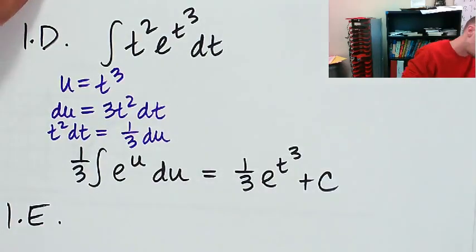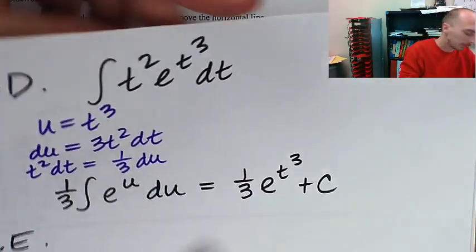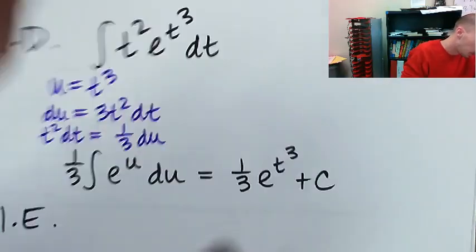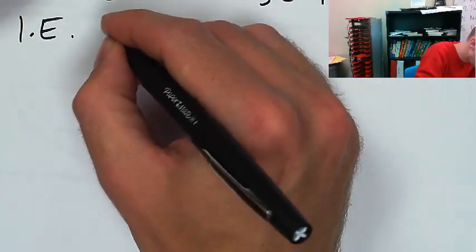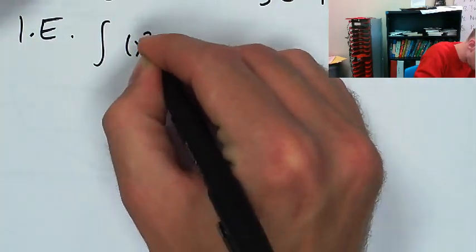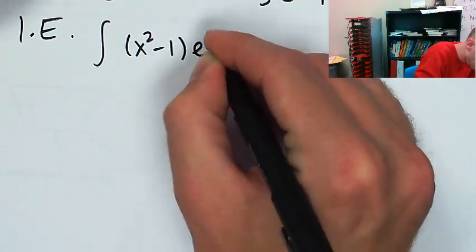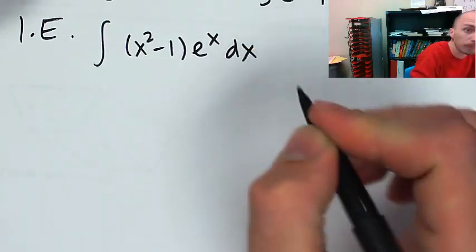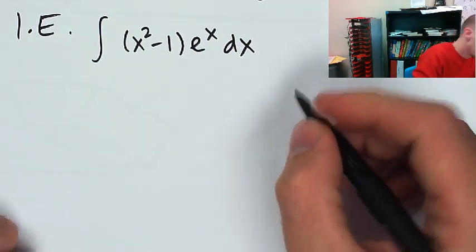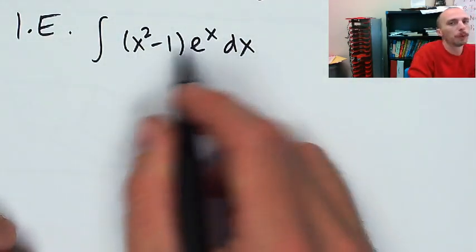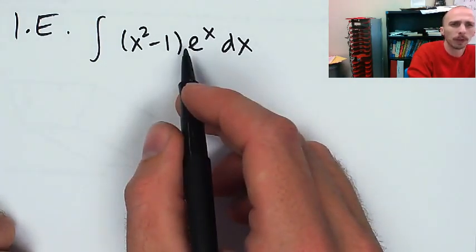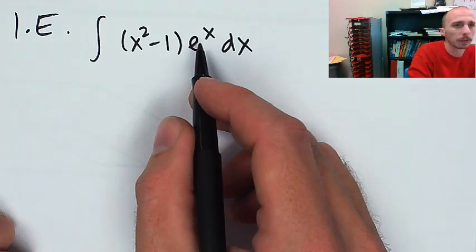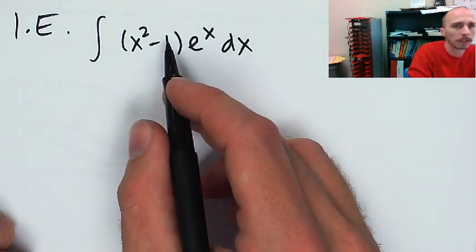Okay, I like this one because I feel like there's a message in all of these, but x squared minus 1 e to the x. All right, and what I'm going to do, I'm going to distribute this first because, you know, I think the x squared e to the x is going to require integration by parts and minus e to the x.